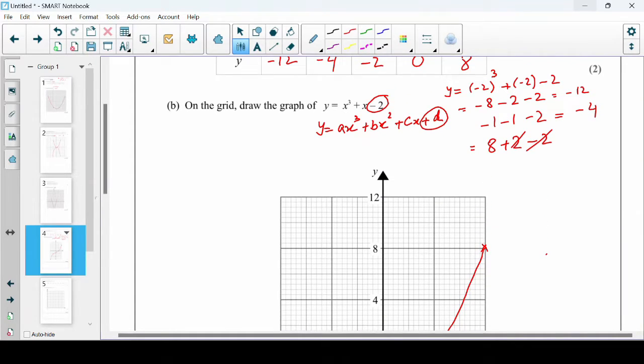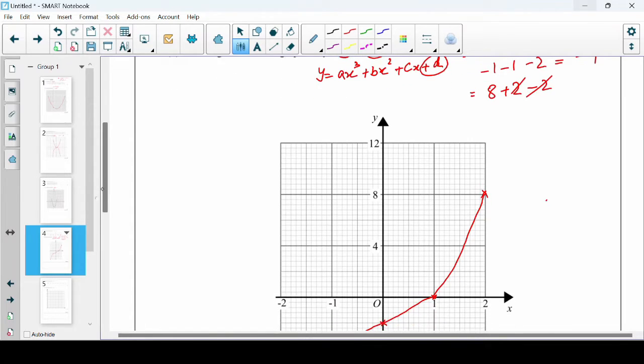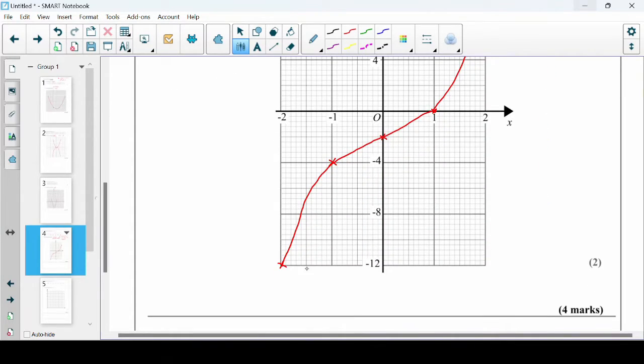And another important piece of information is the sign of the cubic. So if the variable of cubic has a positive sign, then the graph would be in these two quadrants, right?